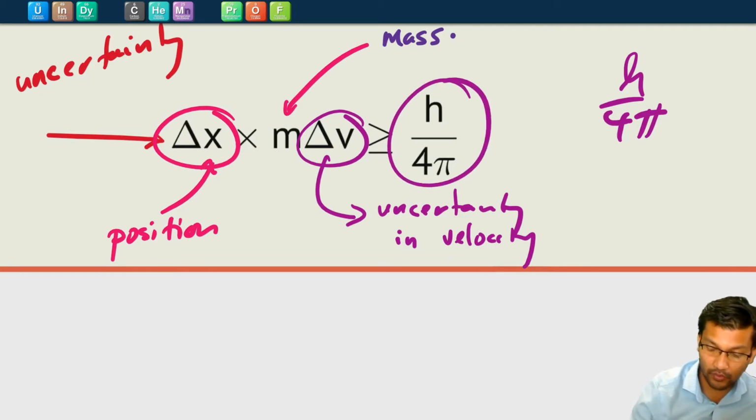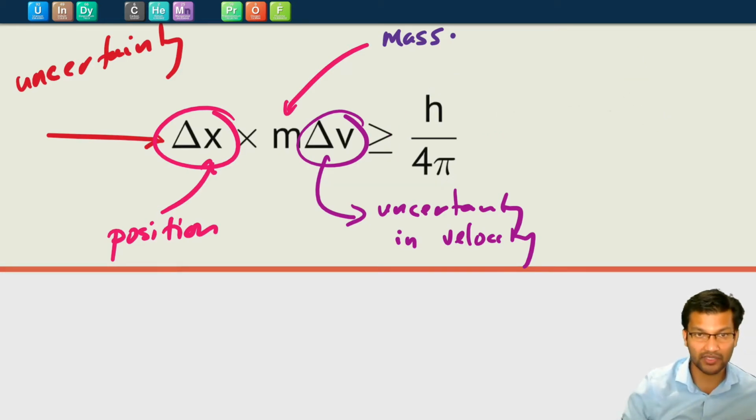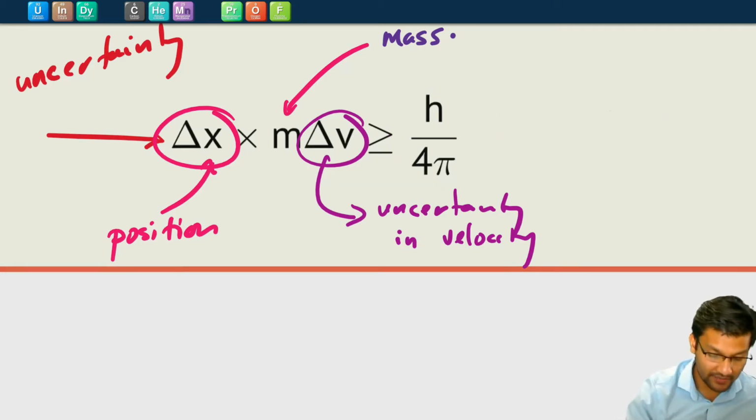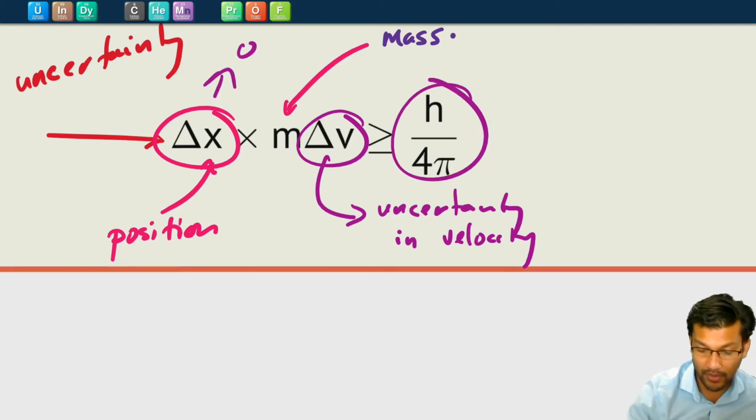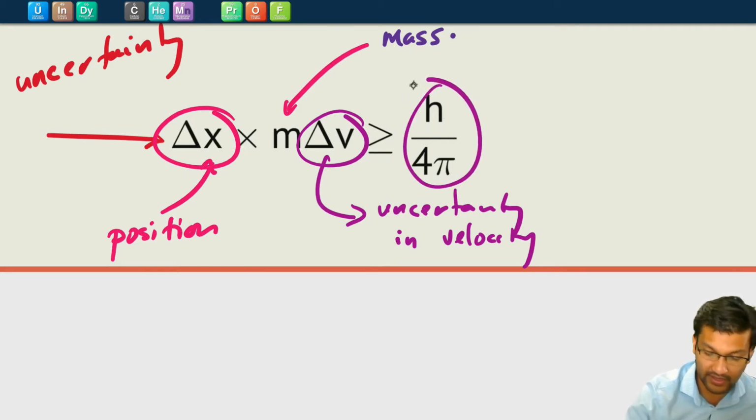If this factor was 0, it means that we knew one of those quantities to absolute precision. Their uncertainty was 0. If any of these uncertainties were 0, then this value would be 0, right? But that is never the case. It's always going to be greater than or equal to h over 4 pi.